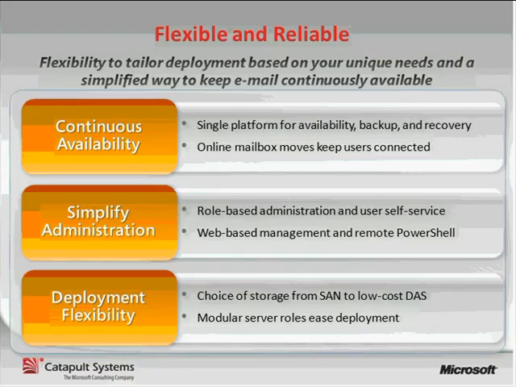With online mailbox moves, we can actually move a user's mailbox while they remain connected to it. They don't get a disconnect. They're not offline for an hour. They're actually able to continue working, and the disconnect is measured in under a second.